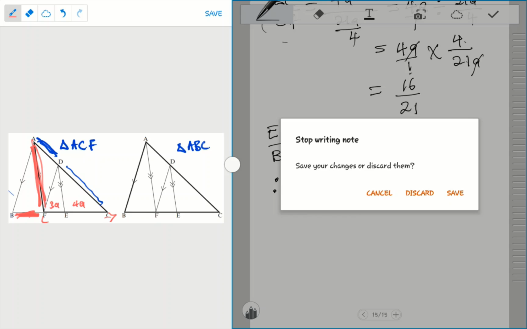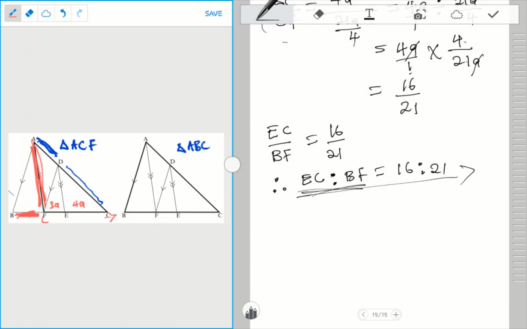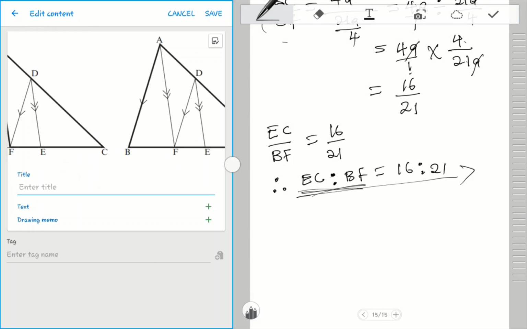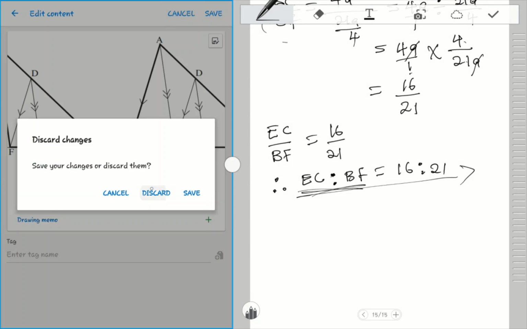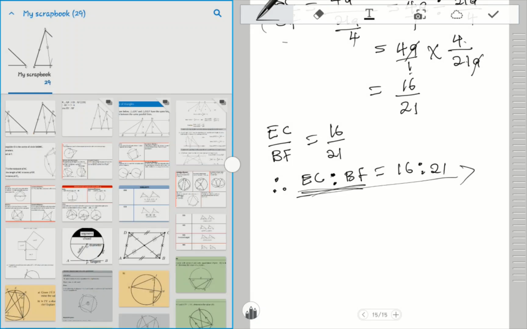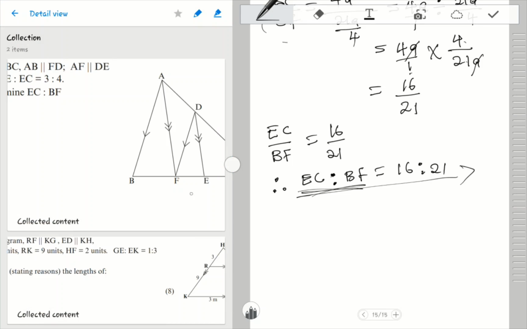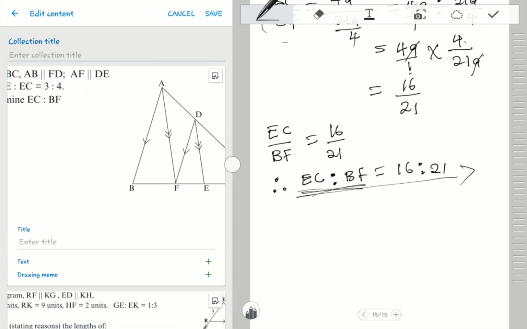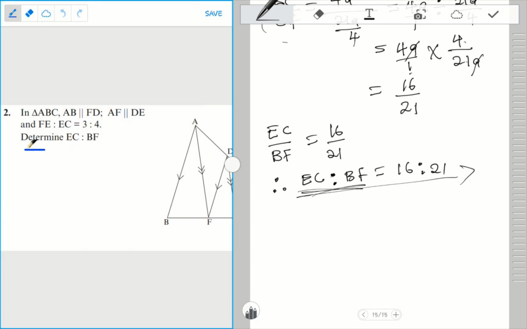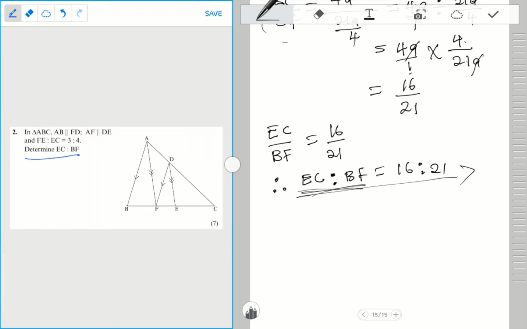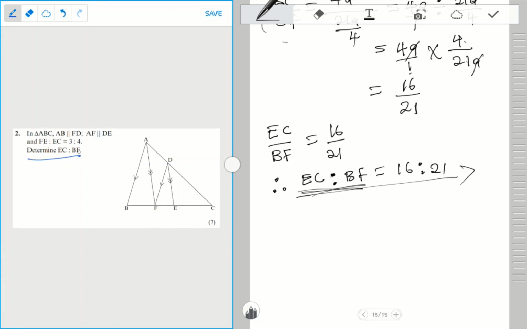As I can confirm to you from this question, we were told to determine EC is to BF, meaning we are told EC and BF.